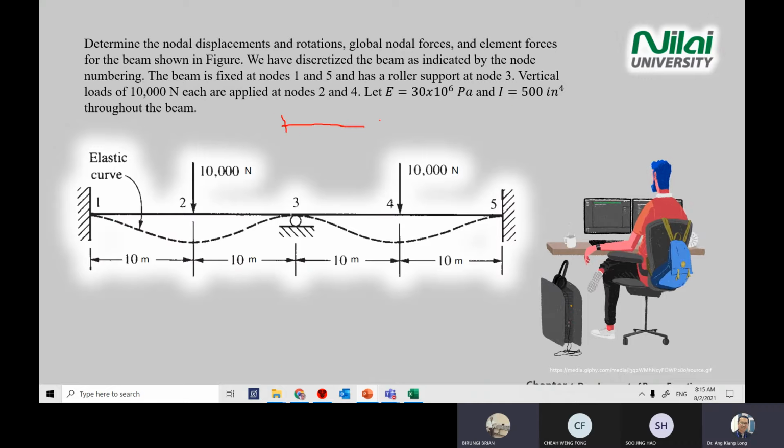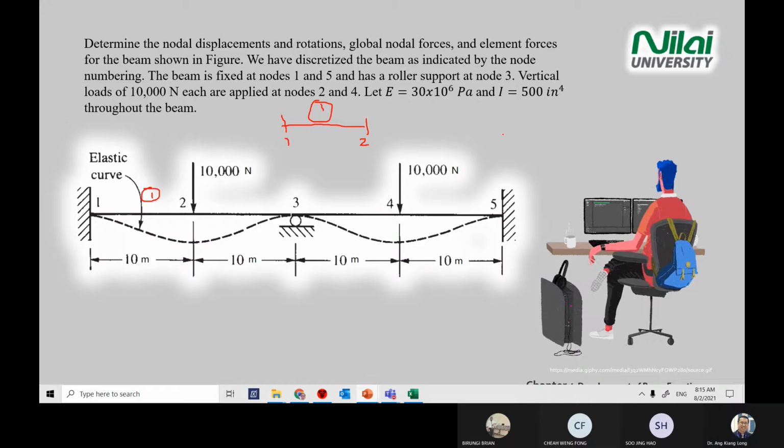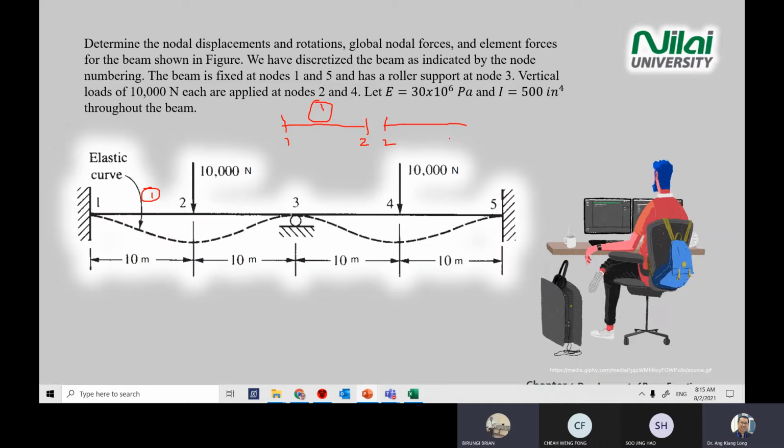You have point 1 and point 2. This is the first element. Second element. Where is your second element? Point 2 to point 3. So how many elements you can have from this question?